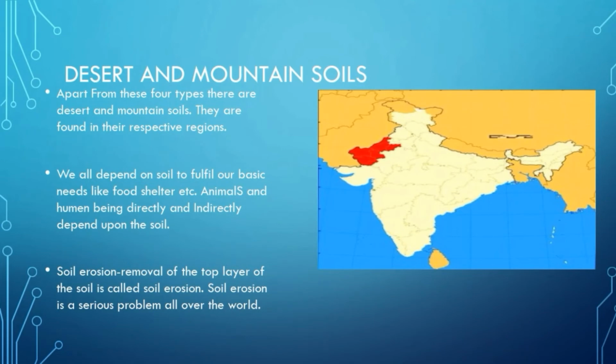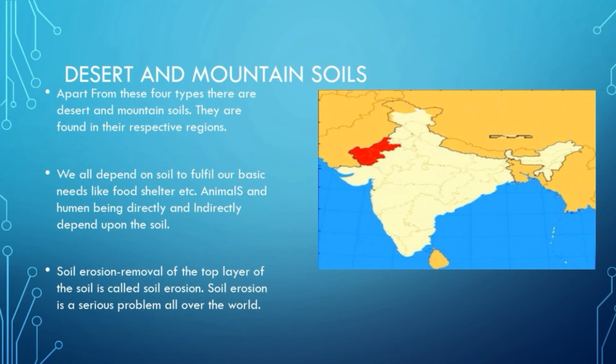They are found in their respective regions. So, these are the major types of soil which we have just learned, and we have also understood the distribution of major soil types. Now let's talk about soil.